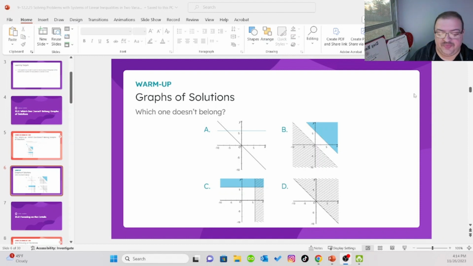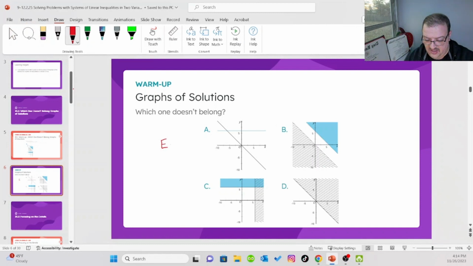For example, A is the only graph that is graphing a system of equations rather than inequalities. When we graph equations, we get a line. When we graph inequalities, we get a line that is either solid or dashed, and we get shaded regions. So A is the only one that is graphing equations.